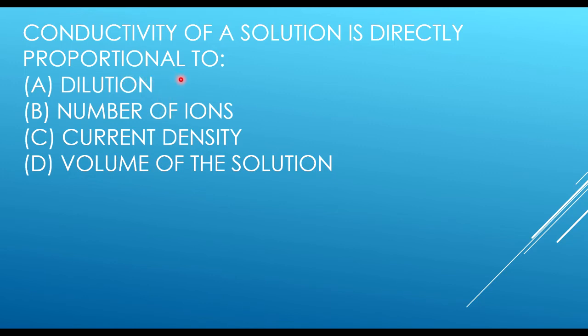Dilution increased means the number of ions per unit volume will decrease, and number of ions is directly present here in option B. So for this question the answer will be number of ions. With the number of ions, the conductivity will be directly proportional.